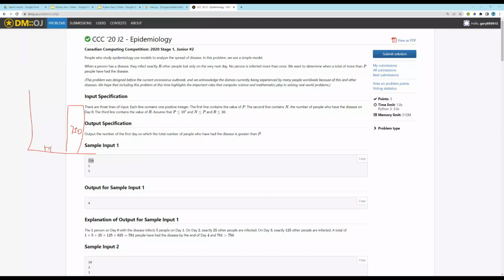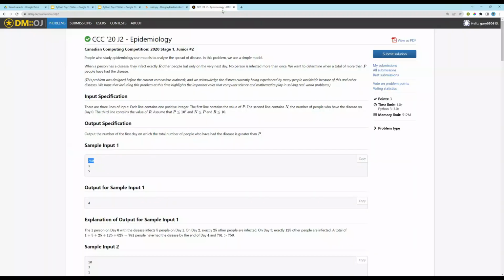On the first day we have one person, the second day we have 6 people, and then we have 36, and we keep growing until we surpass 750. So 750 here is just checking when you will have more than 750 people infected. Does that explain it? Okay.